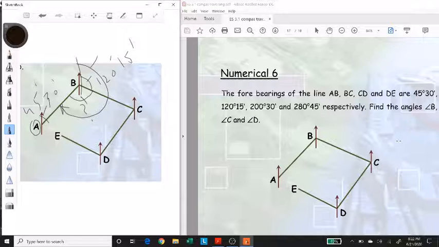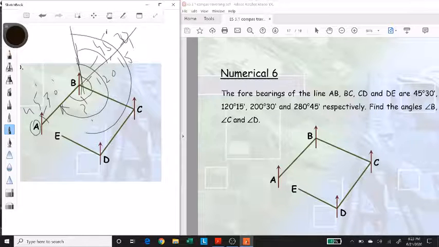So now, as you can see, we have this bigger angle, the back bearing of the line AB, which we can calculate by subtracting, or in this case by adding, because if you draw the continuation, this is the angle 45°30', the fore bearing of the line AB, and we need to find out this angle. So this would be 45°30' plus 180.